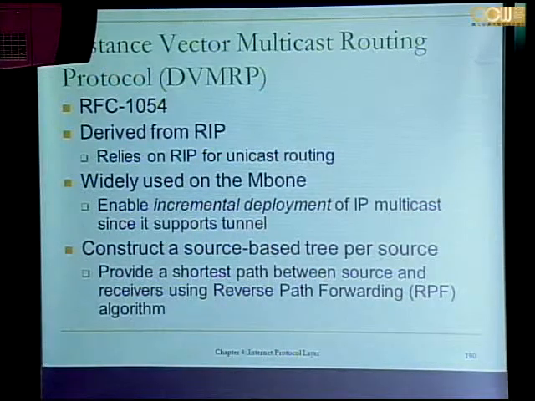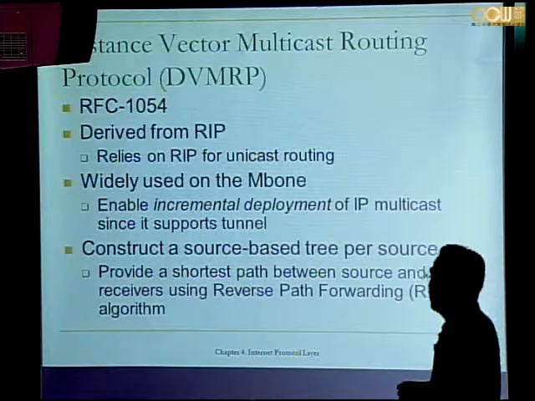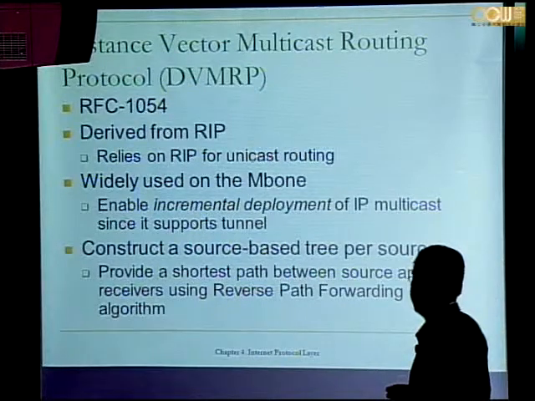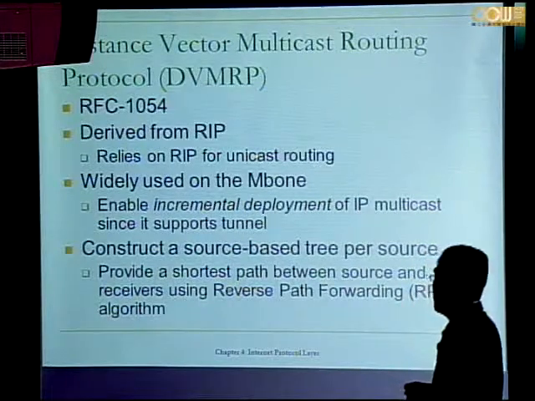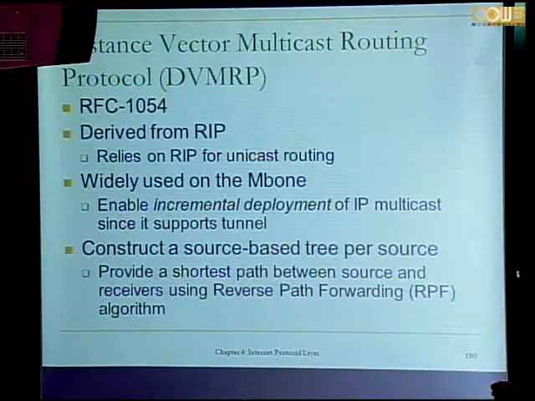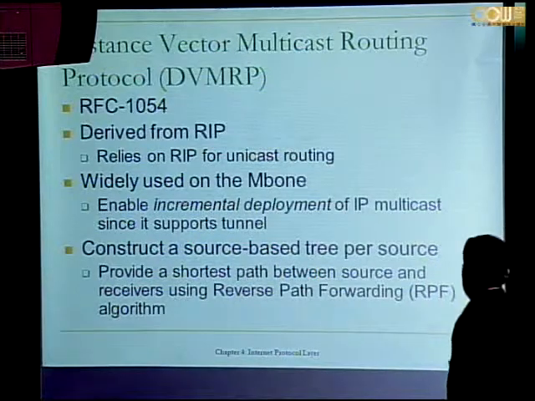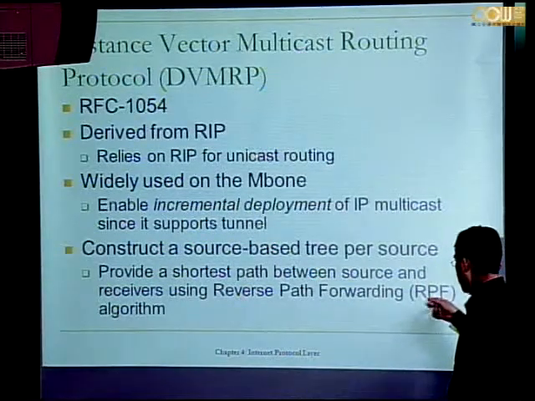And it used IP tunnels to do the multicast. And it constructs a source-based tree per source, per source per group tree. And it provides a shortest path between source and receivers using the so-called reverse path forwarding, RPF. And we'll talk about this RPF.